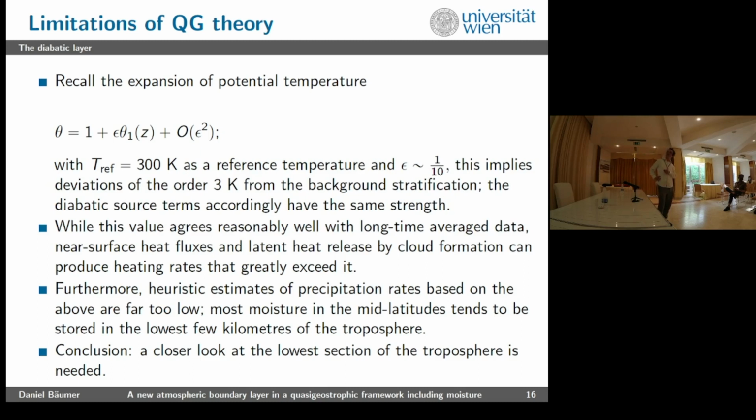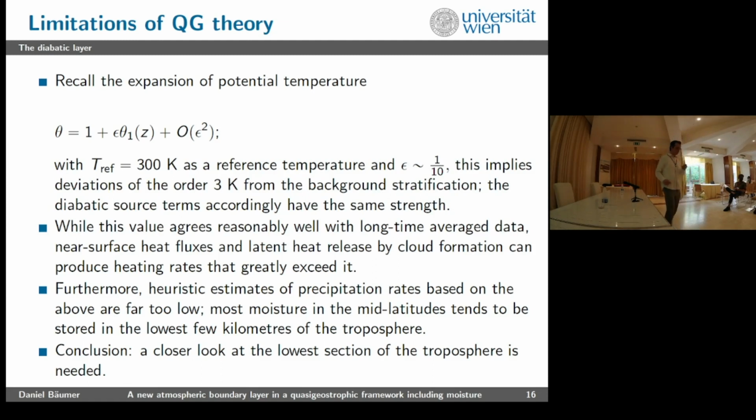So anyway, if you now take the expansion of potential temperature in quasi-geostrophic theory, this implies there are deviations of the order of about 3 Kelvin from the background stratification, because that's the term O of epsilon squared. And the diabatic source terms in the evolution of potential temperature then have the same strength. This is actually not too bad when you just consider long time average data.